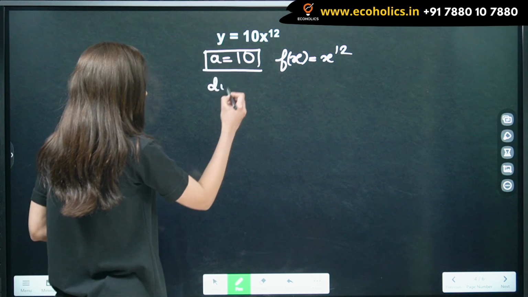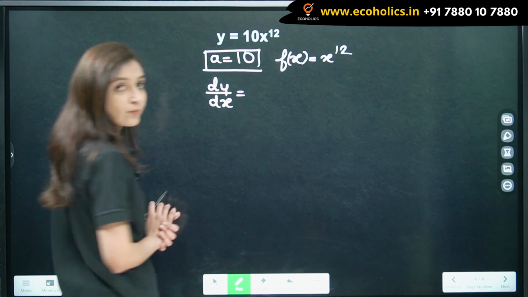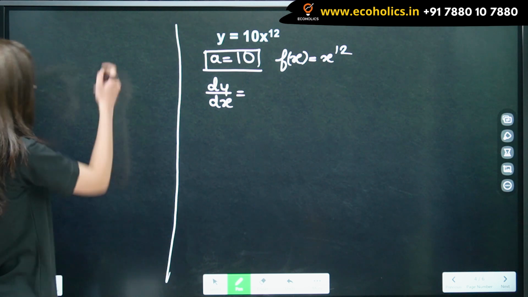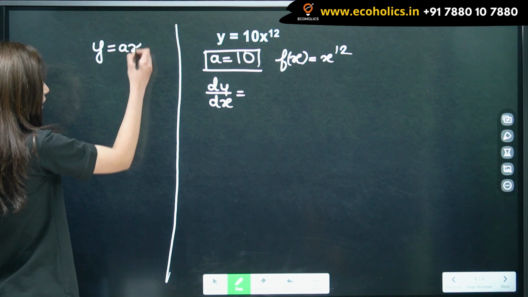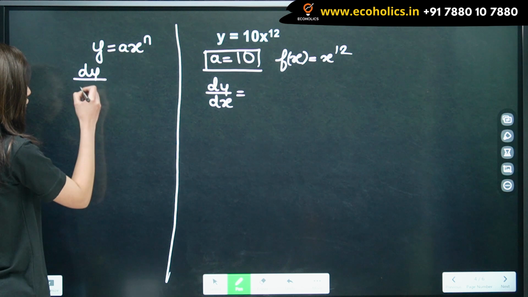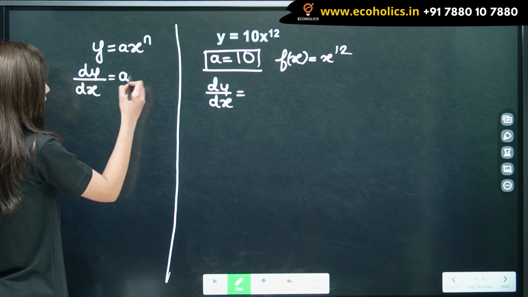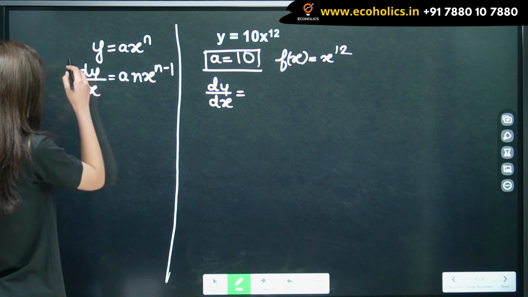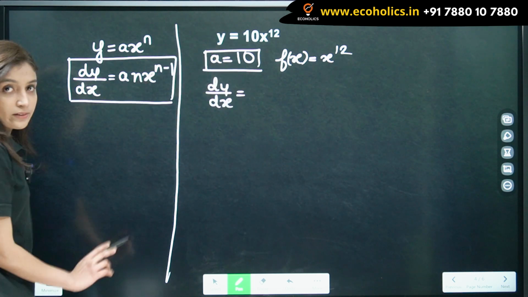So, we have dy by dx is equal to what? In our previous slide, we have seen that when y is equal to a x raised to n, then the differentiation in this case is equal to a n x raised to n minus 1.